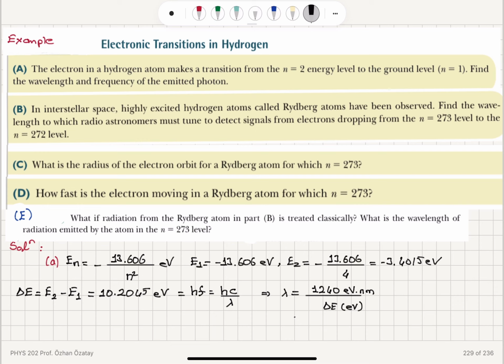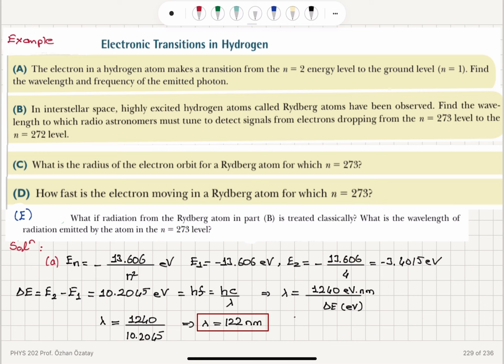So if we substitute these numbers here, we will find that the wavelength is 1240 divided by 10.2045, which gives us a wavelength of 122 nanometers. So that's the answer to part A of the question.